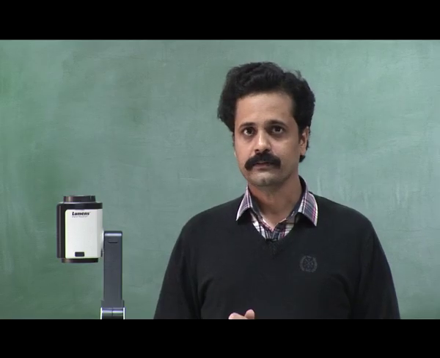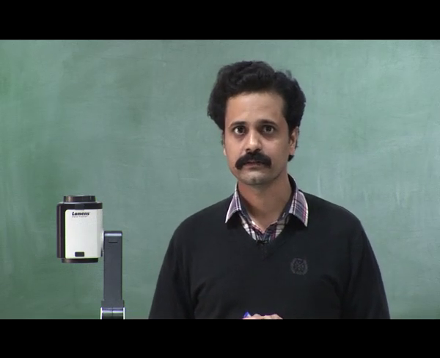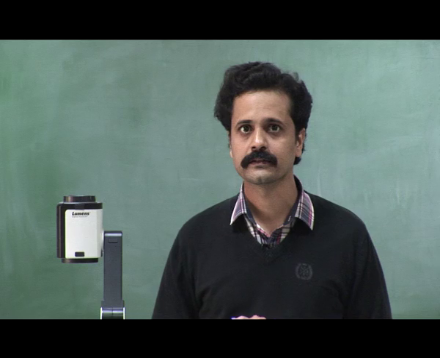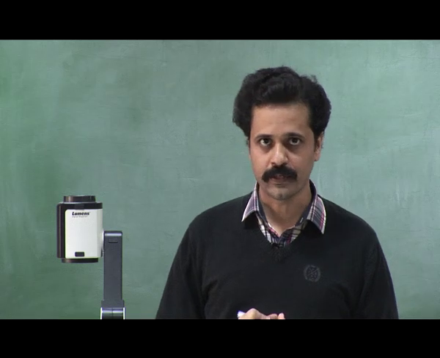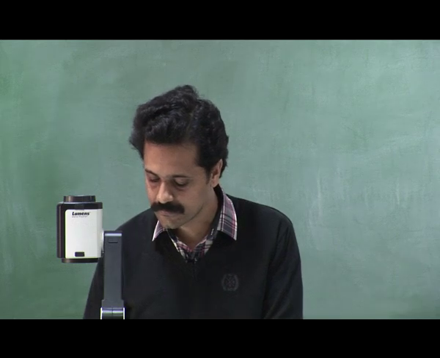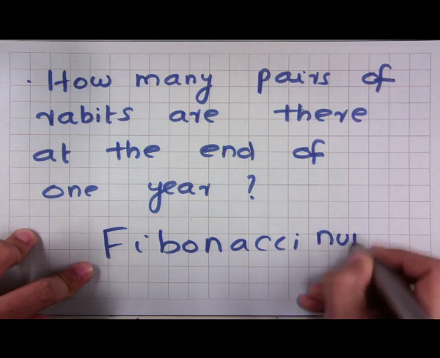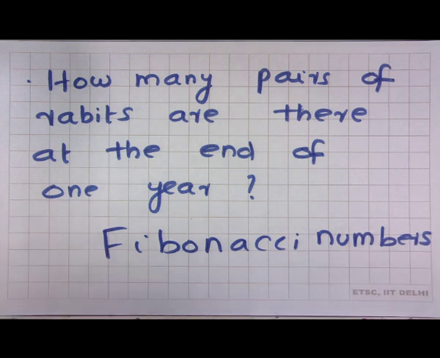The solution, generation by generation, produces a list of numbers, the so-called, historically called Fibonacci numbers. Let us have a try and list some Fibonacci numbers.